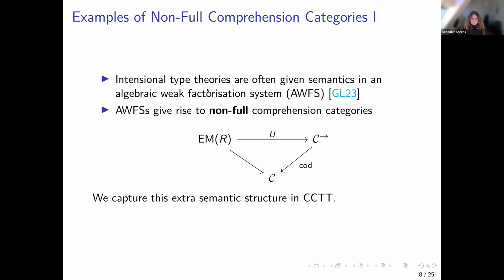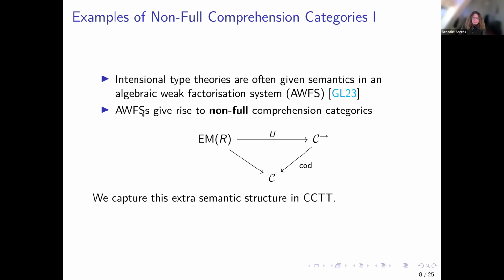Intensional type theories are often given semantics in an algebraic weak factorization system. There's a paper by Gambino and Larrea about models in algebraic weak factorization systems. And algebraic weak factorization systems give rise to typically non-full comprehension categories.